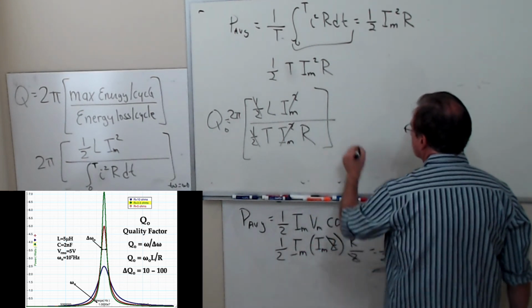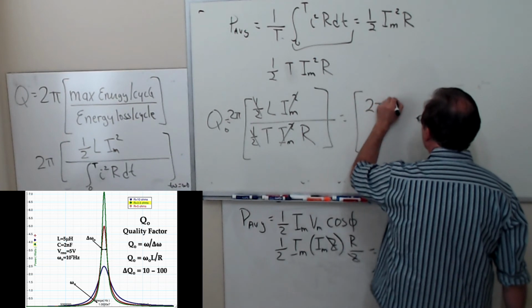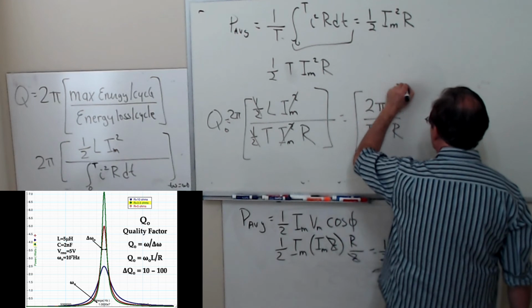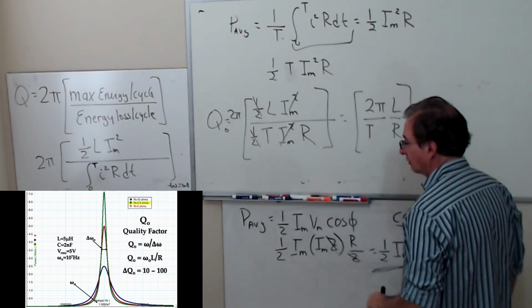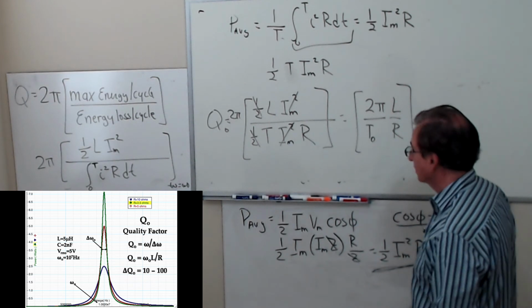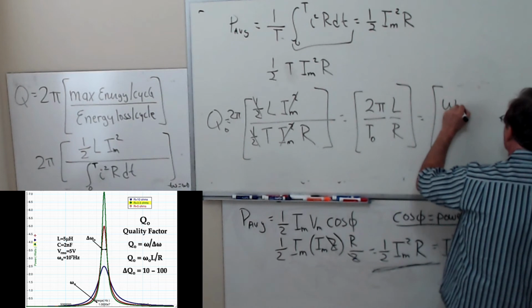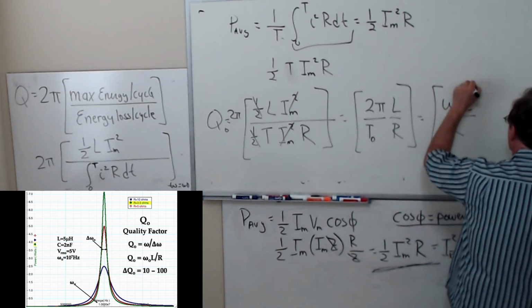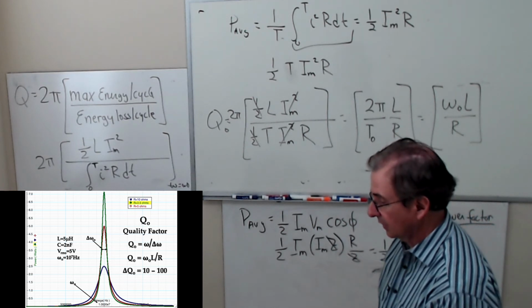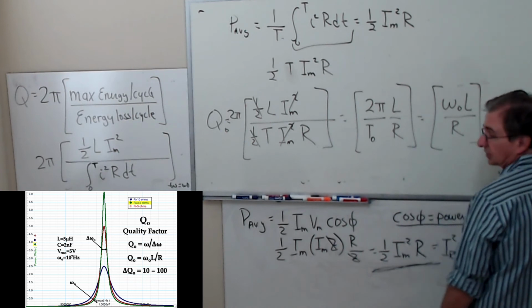And so I end up getting 2 pi L over the period. What's 2 pi over the period at resonance? And that's how we get our Q.